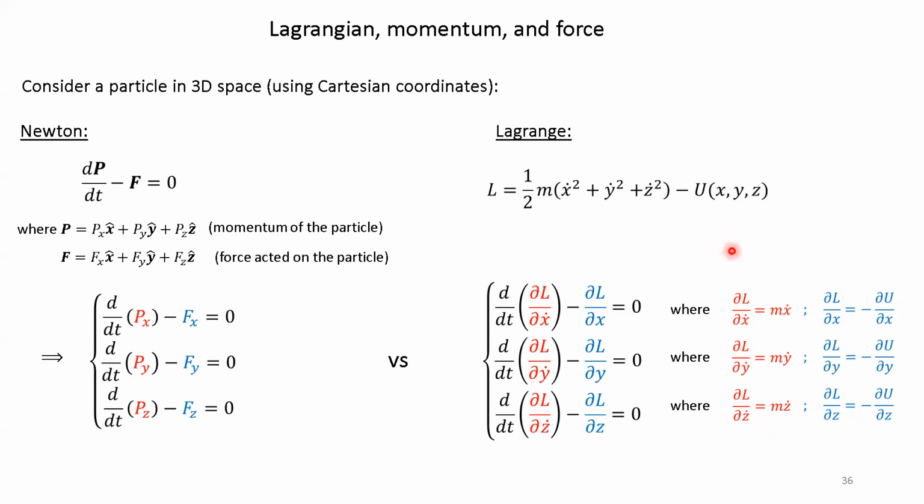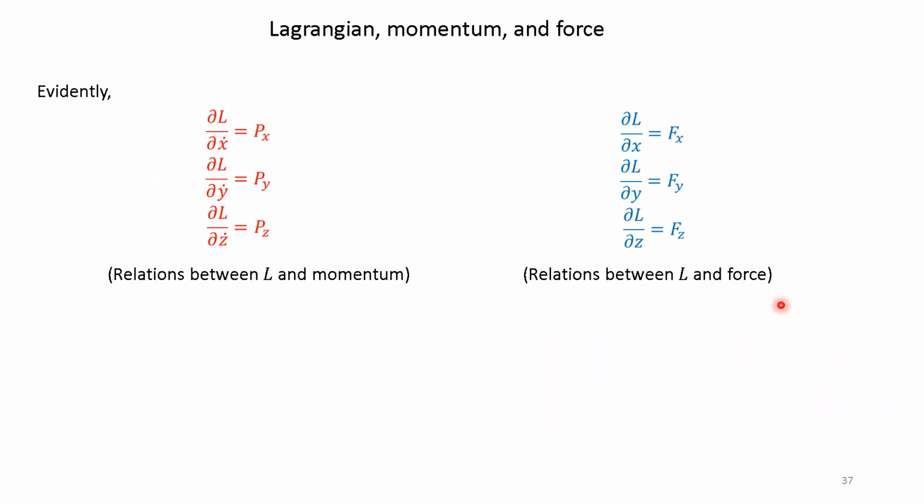One thing you can see is that this partial L partial coordinate dot will give you the momentum, and this partial L partial coordinate will give you the force.